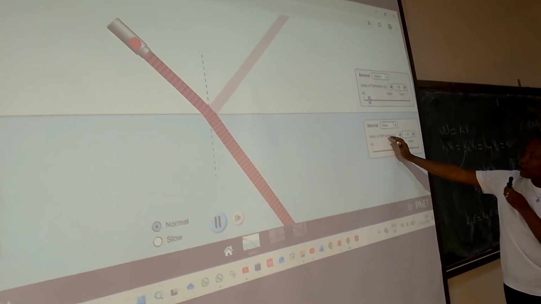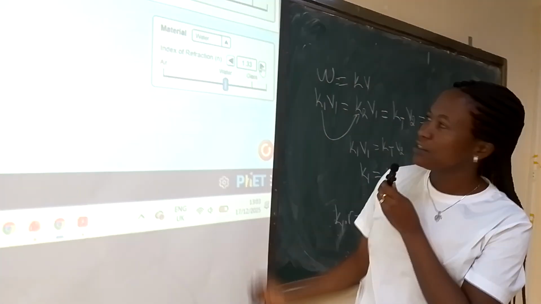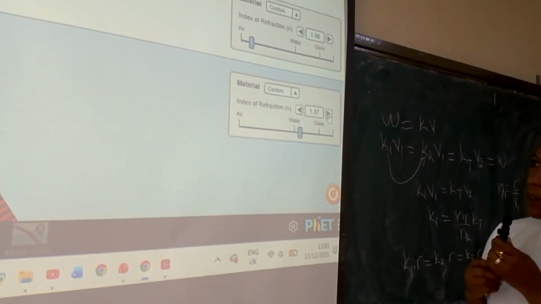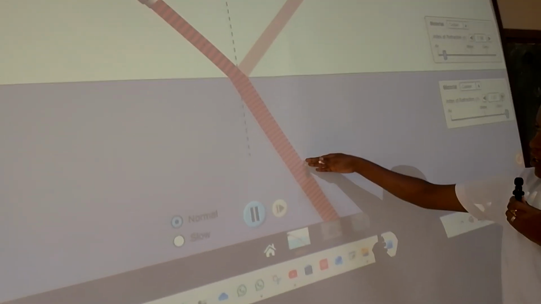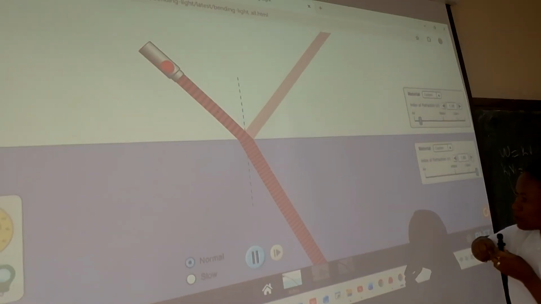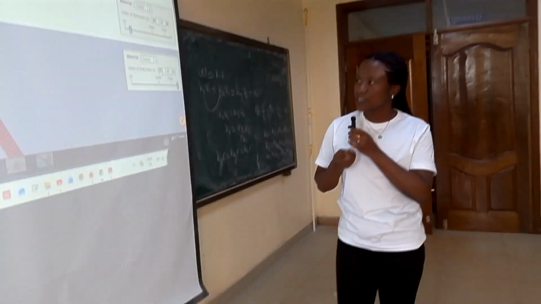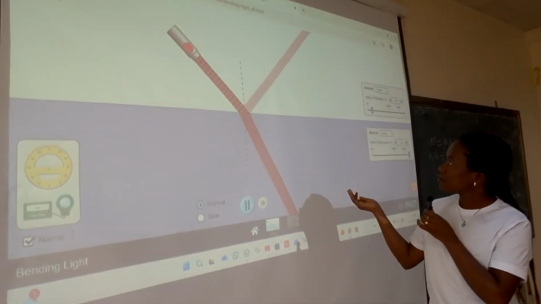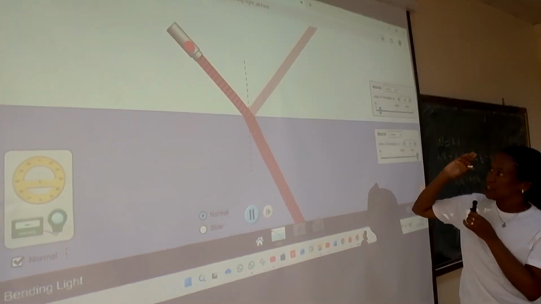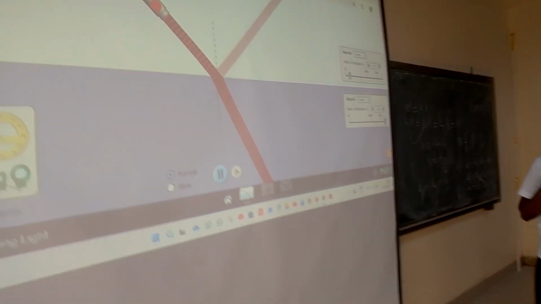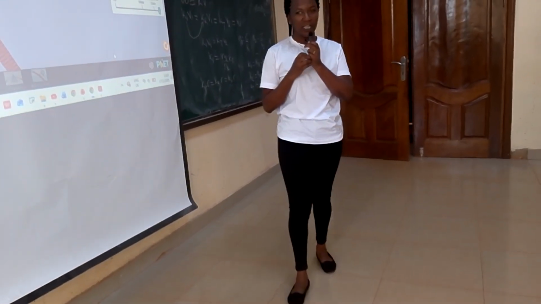When I come here and change the index of the refracted wave, when I increase the index, our refracted wave moves away from the normal. Means that the incident, refracted, and transmitted waves are governed by the number of index or value of index.